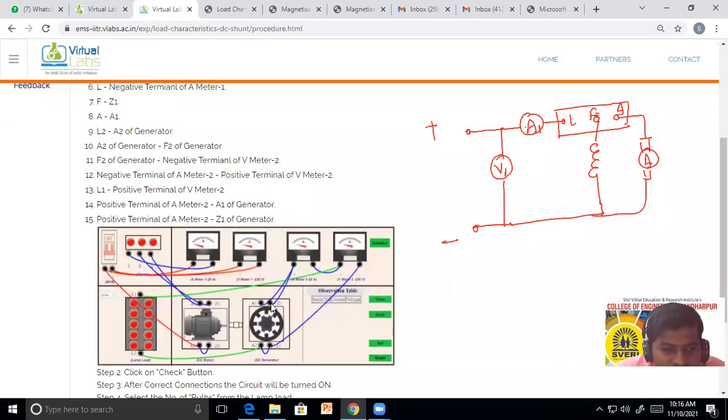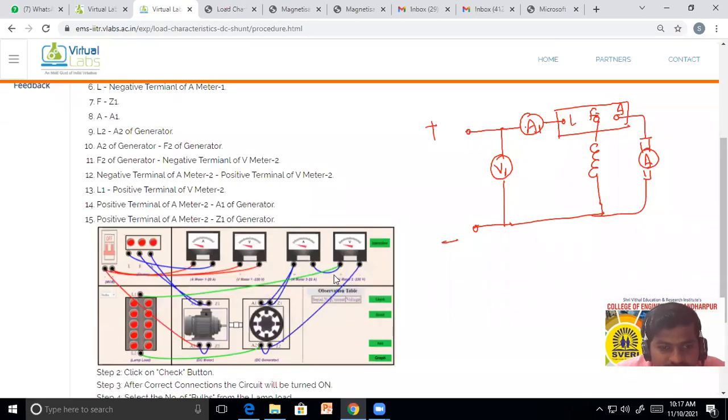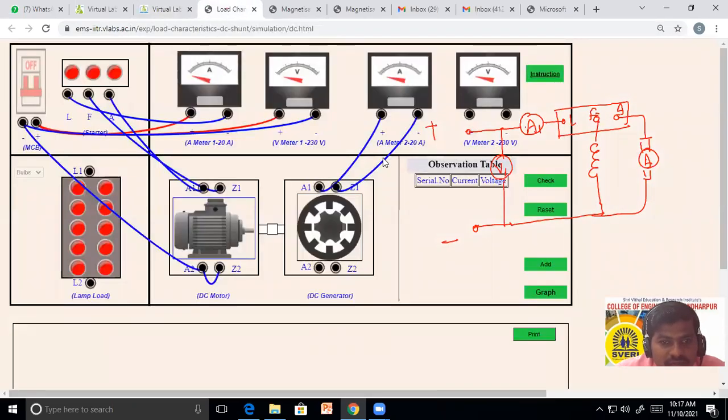So between A1 and Z1 there is an ammeter. Then the next terminal is connected to the voltmeter.